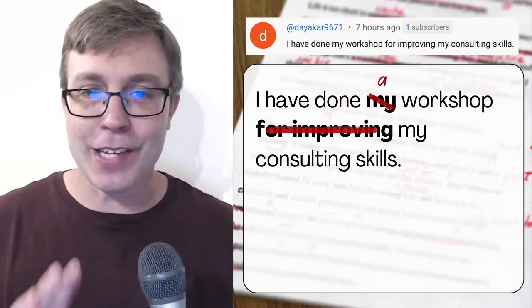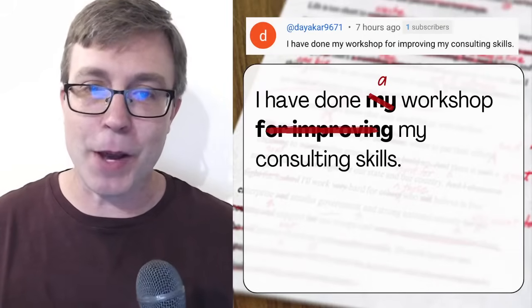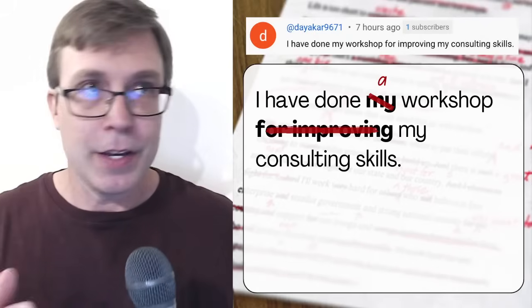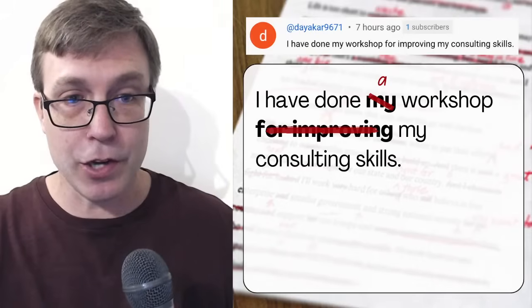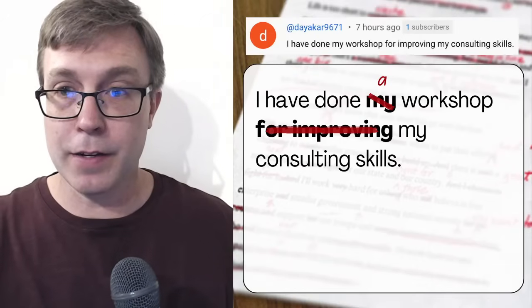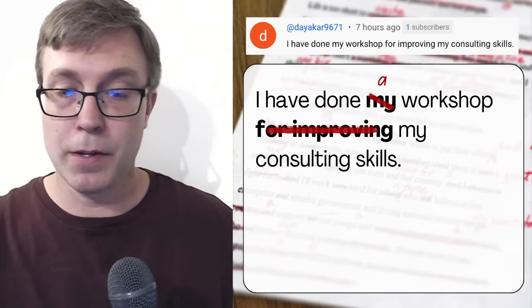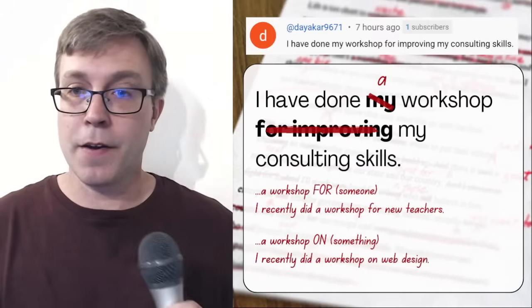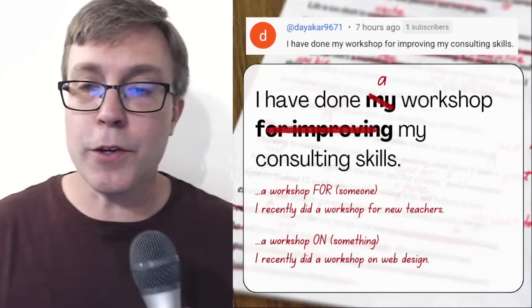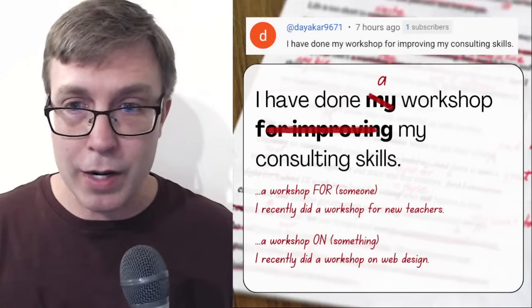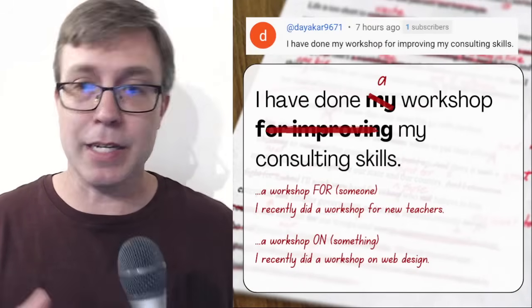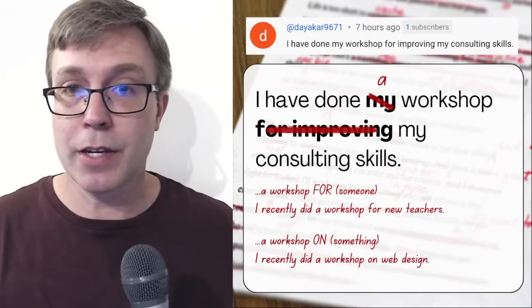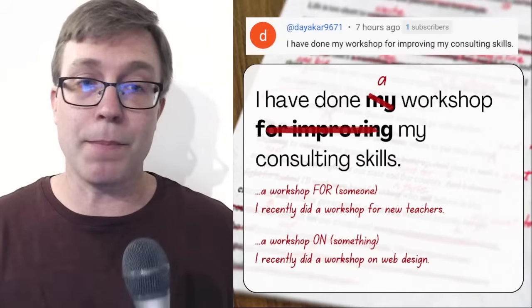Now, one thing I'll say is when we're talking about a workshop, you may follow it with different prepositions. And let me show you right here. Workshop. Okay. So if you do a workshop for, typically you're going to follow that with someone, a person. Like, I recently did a workshop for new teachers, and that is who the workshop is for.